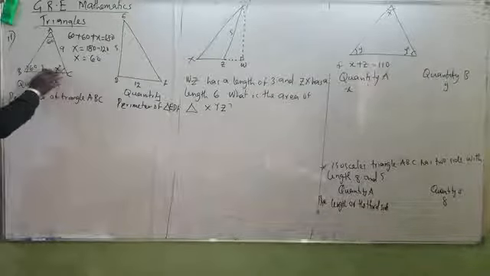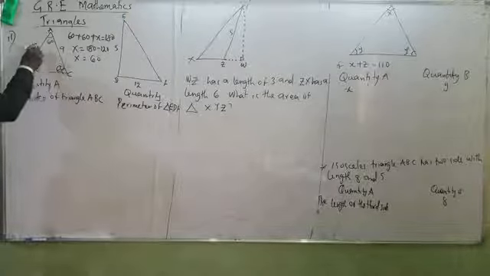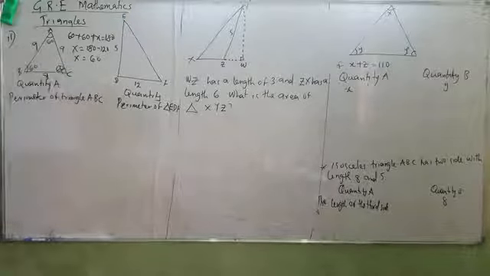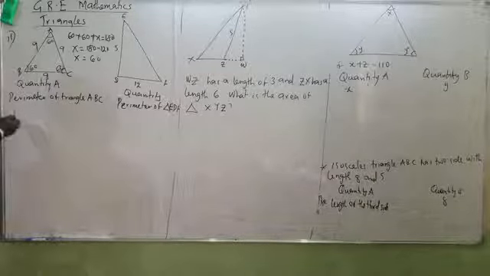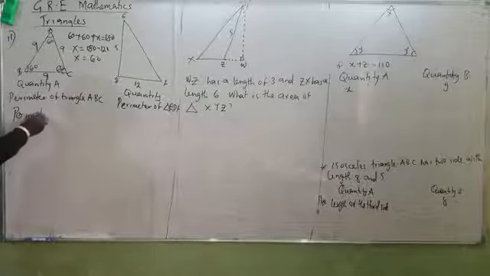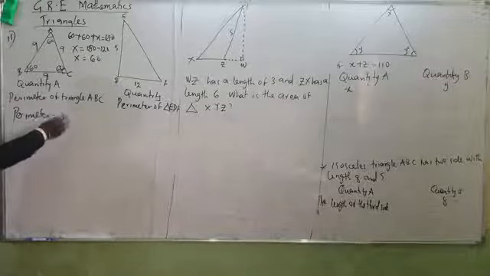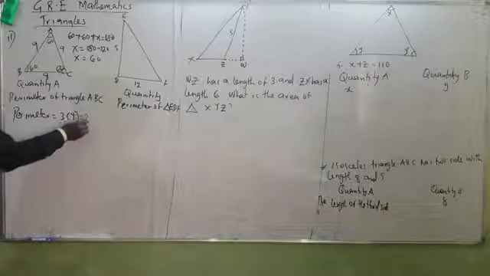Since it's 60, everything becomes 60, and it means here will be 9, here will be 9. Now, the perimeter of ABC will be equal to 3 of 9, which is equal to 27.